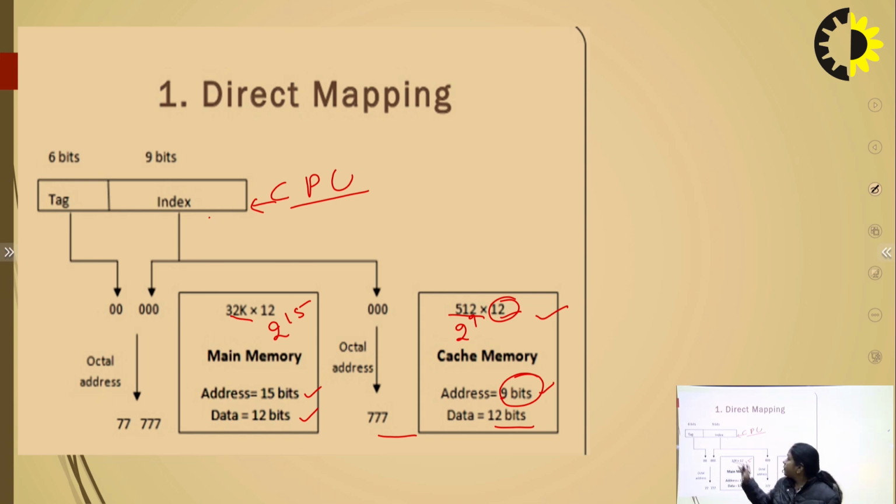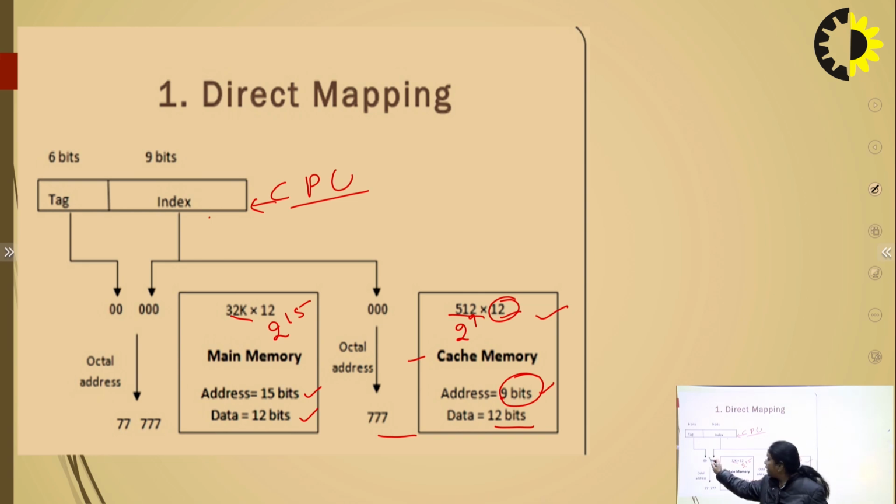When we have a particular CPU address, we will check the index bits in the cache memory. If this index is matched, if we find this address in the cache memory, then we will find the particular data in the cache memory, and then we will compare the tag bits, because these tag bits are stored in the cache memory.